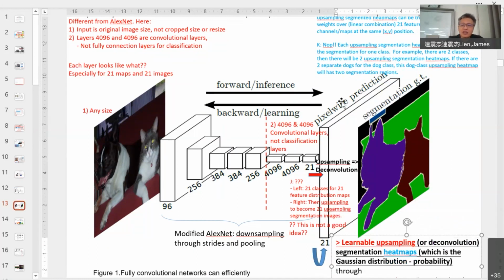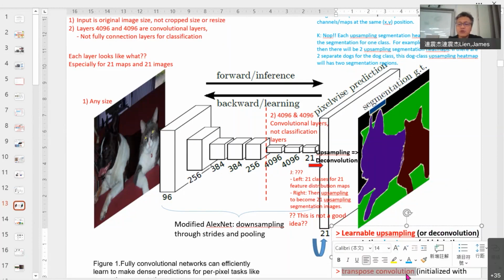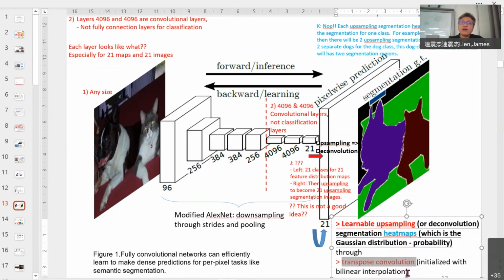This convolution is deconvolution, also called transpose. So we have 3 terms to talk about this, actually more than 3 terms. One is the decoder. The second, directly, is upsampling, which is easy to understand. Sometimes we call it deconvolution or decoder, but people also call it transpose convolution.